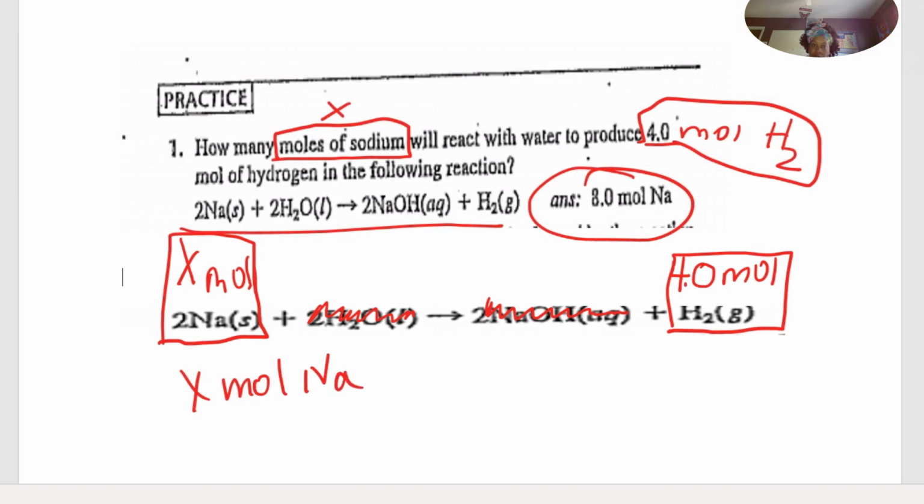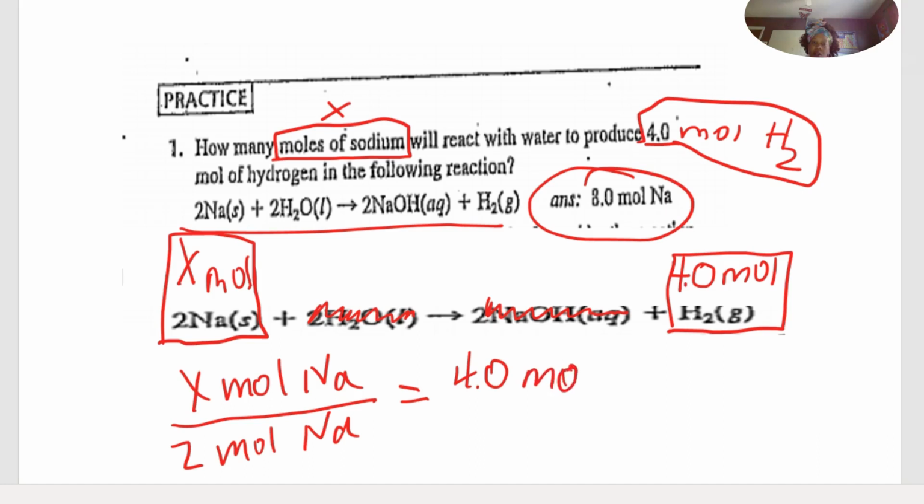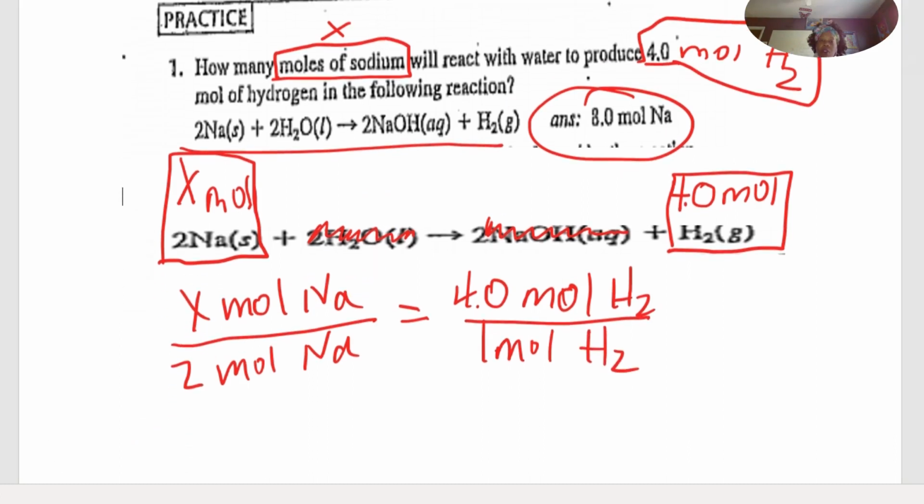Right here, I'm going to simply write X moles of sodium over 2 moles of sodium. I'm getting that from my part of my reaction here. That's going to equal 4.0 moles of hydrogen over 1 mole of hydrogen. Now, all you're going to do is cross multiply.